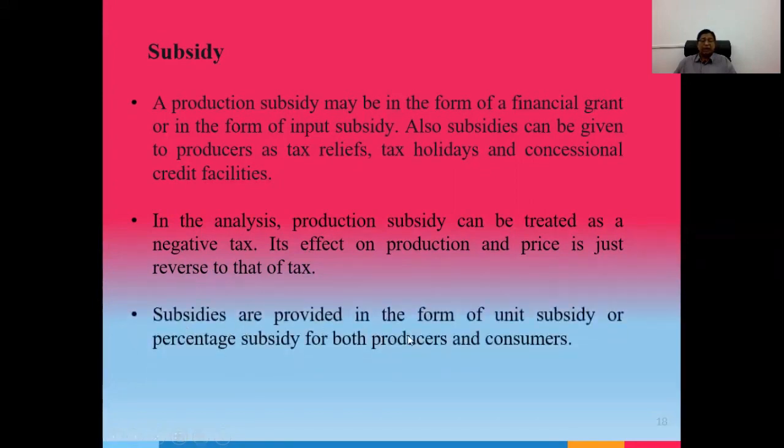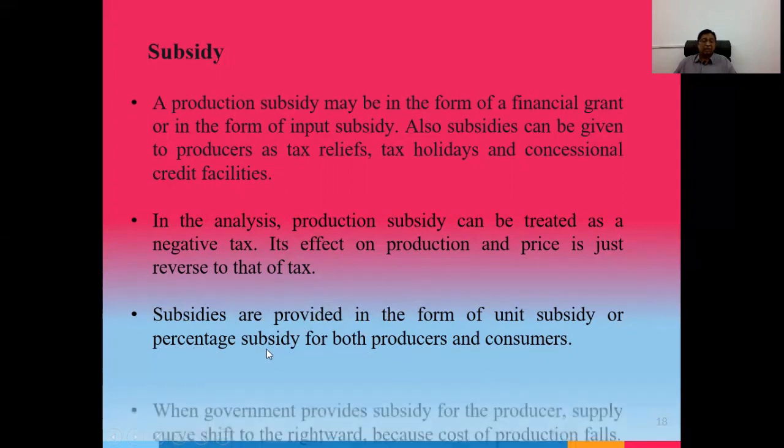Subsidies are provided in the form of unit subsidy or percentage subsidy to both producers and consumers. As we discussed earlier in the case of tax, we can discuss subsidies on producers and consumers and both, ad valorem and lump sum, or unit and percentage subsidies.